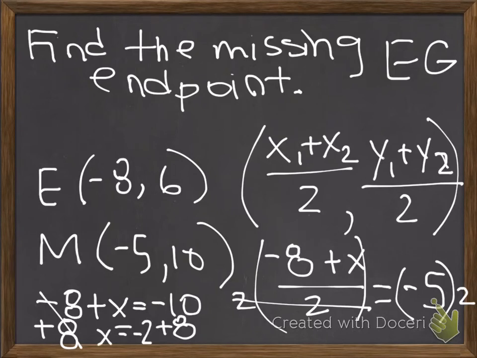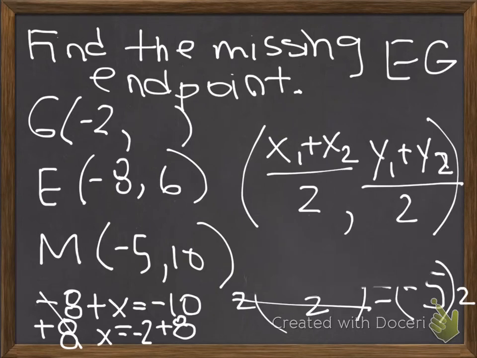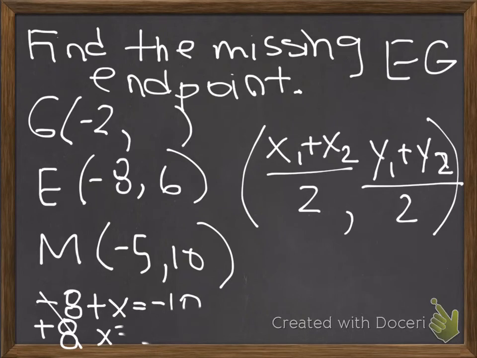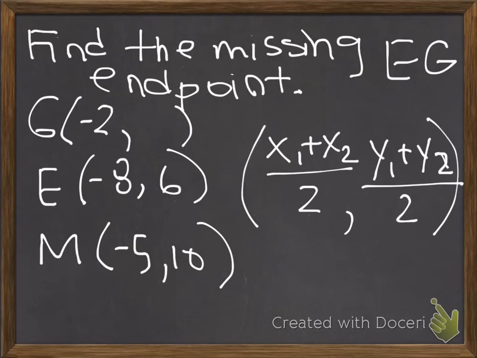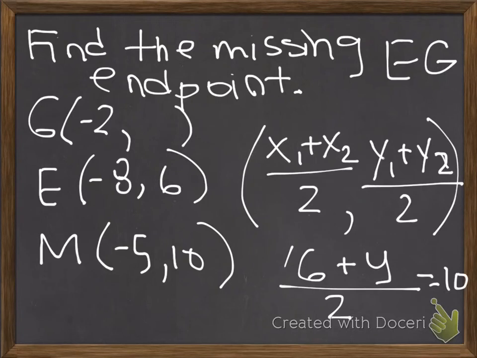So that gives me the x coordinate of G. Now I don't know the y coordinate, but I'm going to do the same idea for the y coordinates. So I get my y coordinate from E, which is 6, plus y, since I don't know the other y coordinate, over 2, and I'm going to put it equal to the y coordinate of the midpoint. So I'm going to multiply by 2.